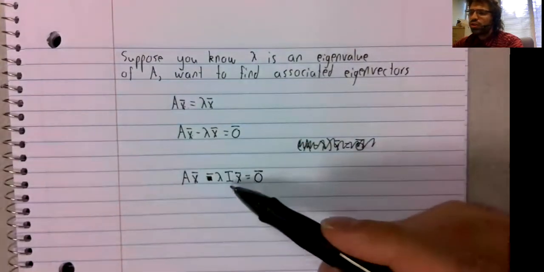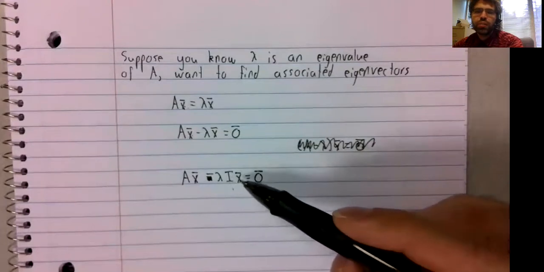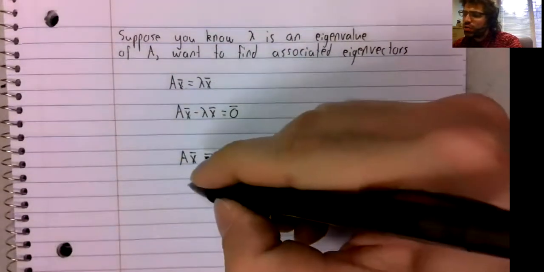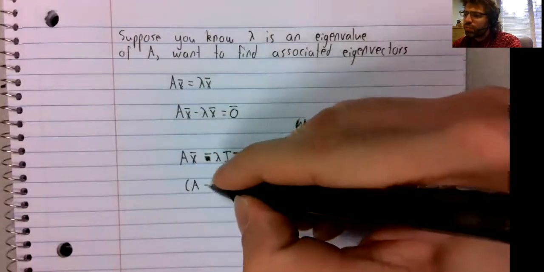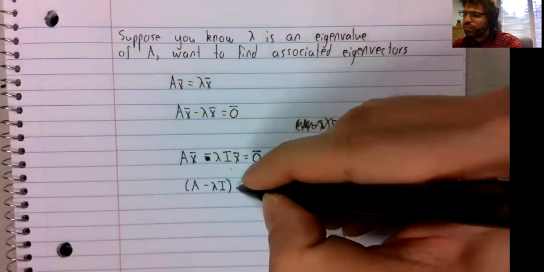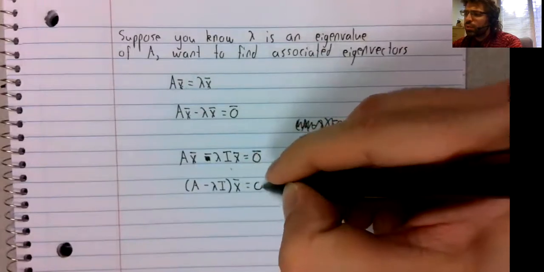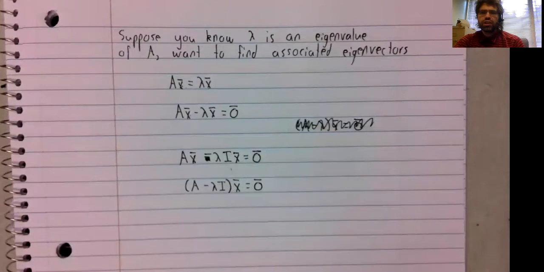So if we want to throw in the identity matrix here, multiplied by this vector x, we're certainly allowed to do so. And now we can pull this x out and solve this equation.